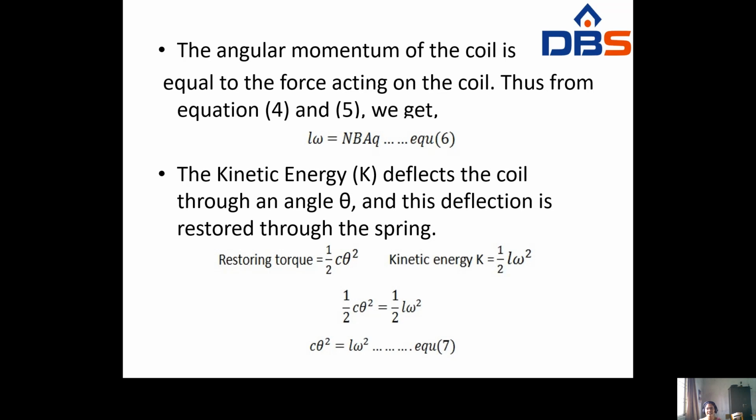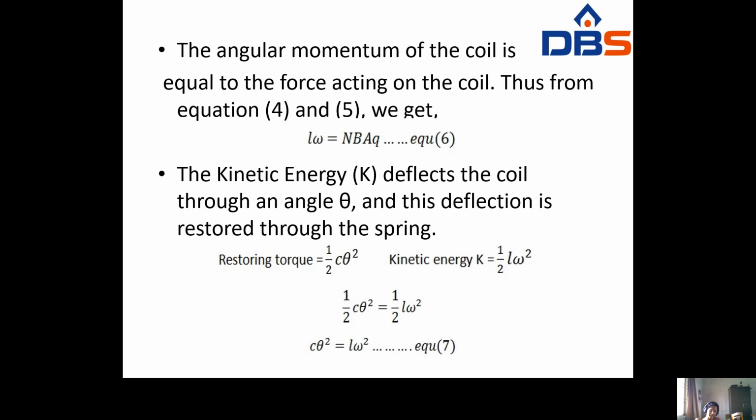So here you have to write that the angular momentum of the coil is equal to the impulse acting on the coil. So from equations 4 and 5 in the previous slide, we have to write L omega equal to NBAQ.